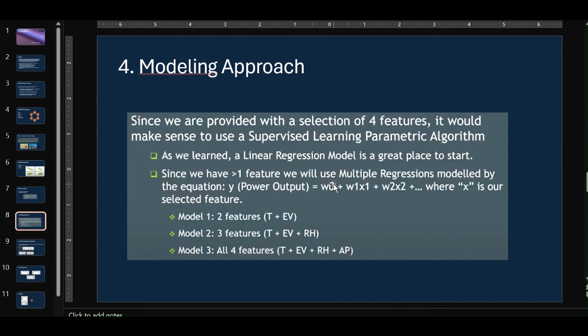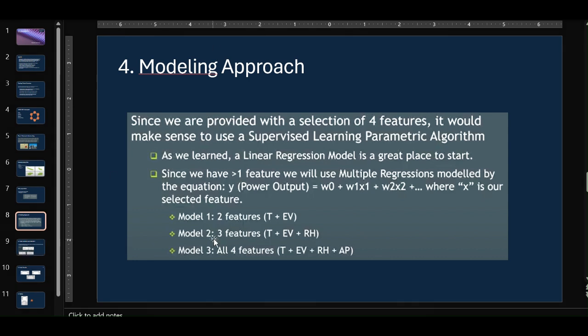So we'll compare three linear regression models in Excel consisting of two, three, and all four features. And with more than one feature, we will use multiple regression modeled by the equation: output equals our bias plus the weight of feature one times feature one, and so on.